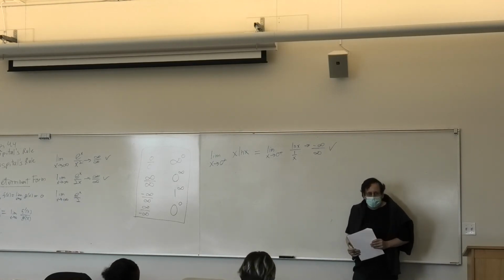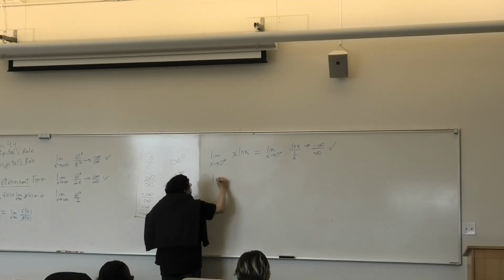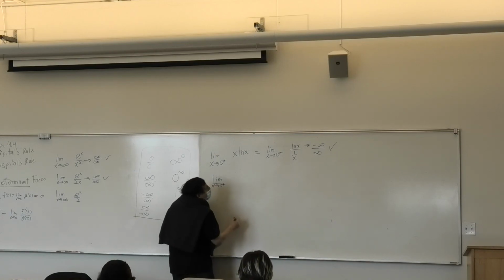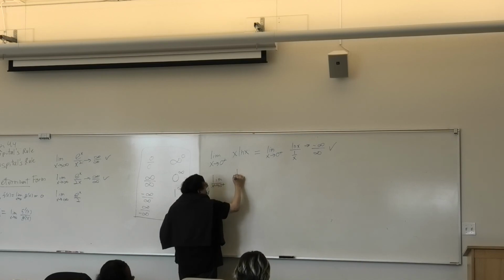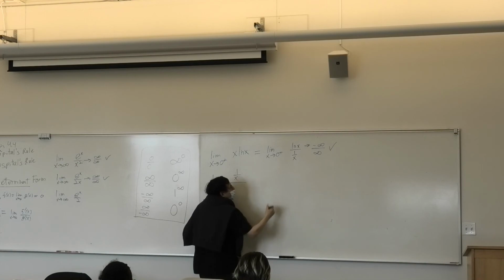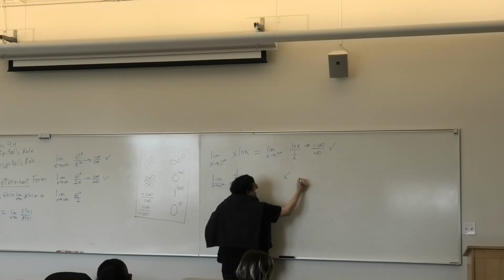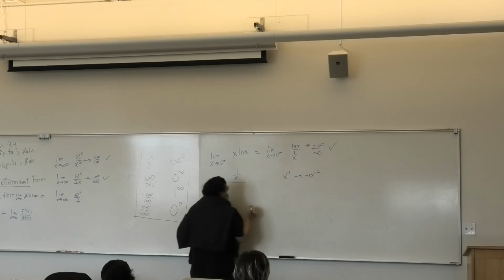We can use L'Hôpital's rule. All right? Derivative of log of x is 1 over x. Derivative of 1 over x, well, that's x to the minus 1, so using the power rule, the derivative is negative 1 times x to the minus 2.